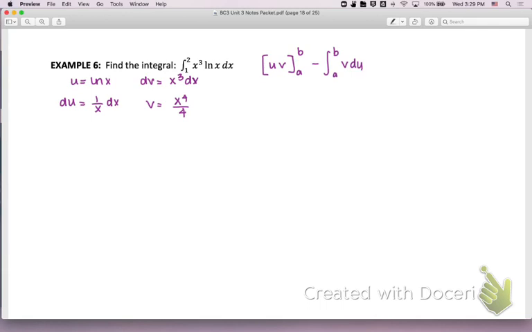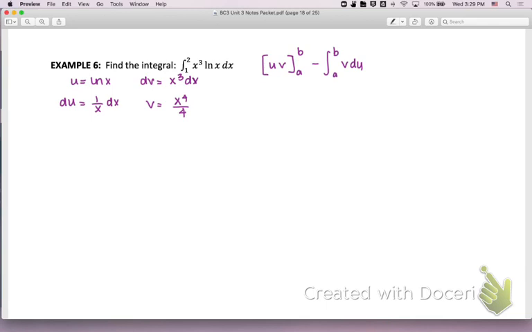We don't need to adjust our limits because the whole point of integration by parts is that we're going to replace the u and the v. We're not going to leave it in terms of u and v, so we can stick with our original limits of integration from 1 to 2.